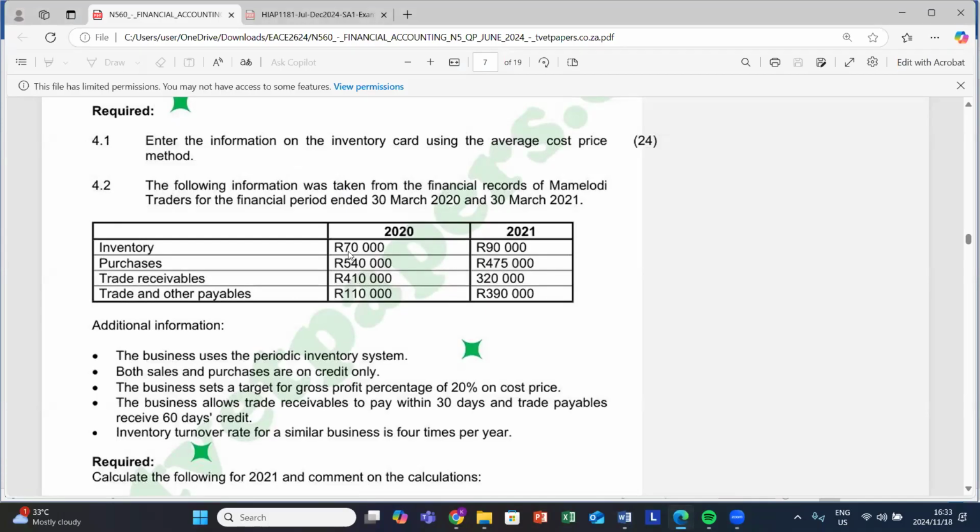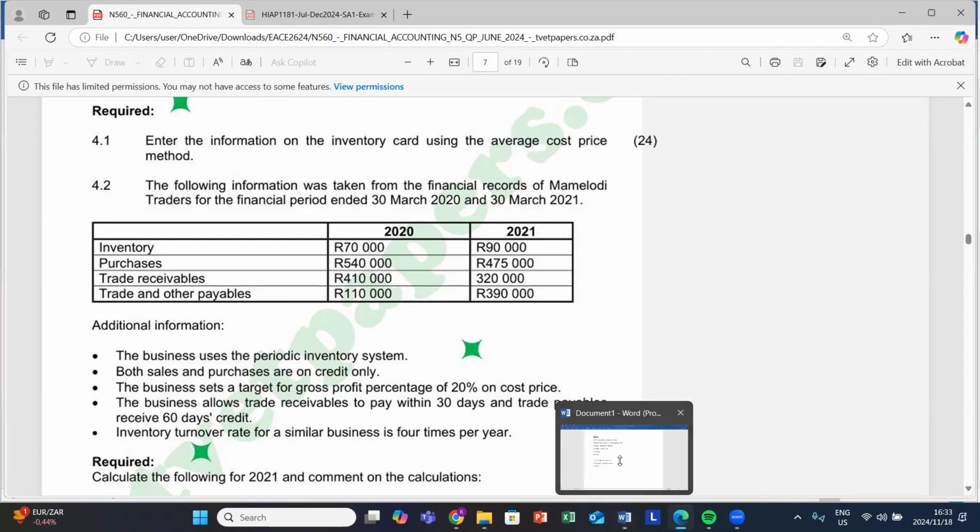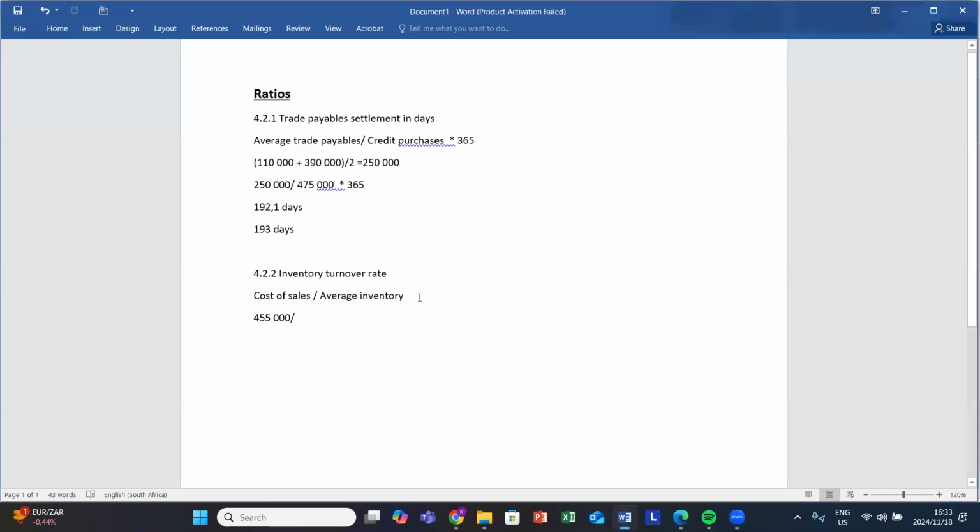We'll say 70 plus 90, and then times it by half or divided by 2. So maybe I can do this average inventory calculation separately. 70,000 plus 90,000 and divide by 2.